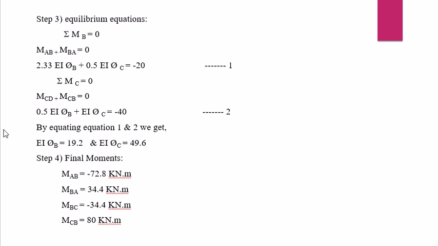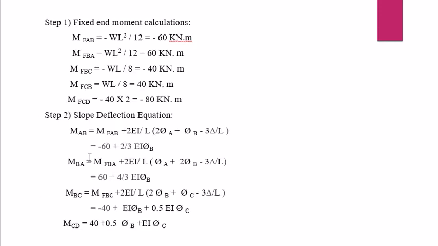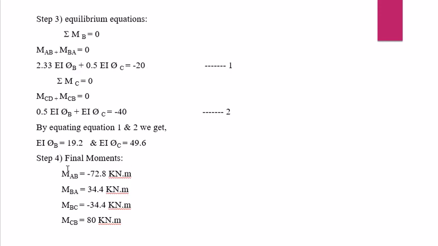Then for summation at C, M of CD plus M of CB is equal to 0. According to that, you will get these two equations. By solving these two equations, you will get EI theta B is equal to 19.2 and EI theta C is equal to 19.6. Put these two values in equation number 1, 2, 3 and 4, and you will get the final end moments.